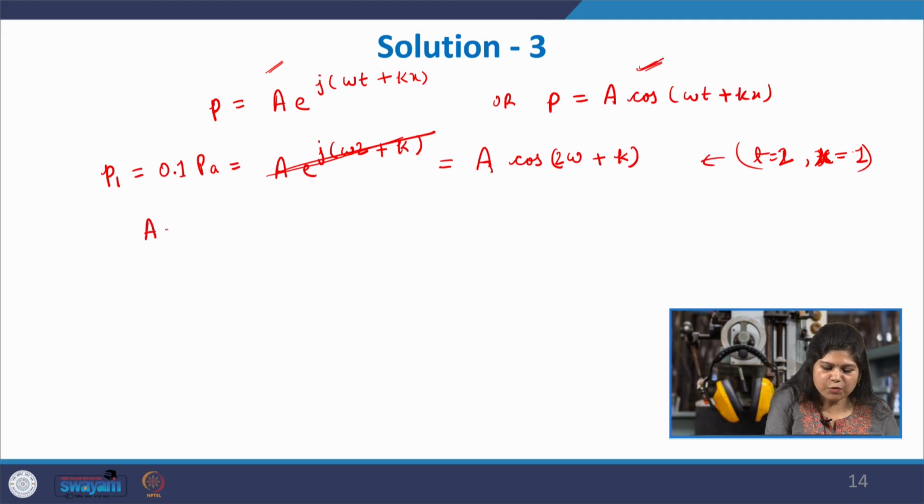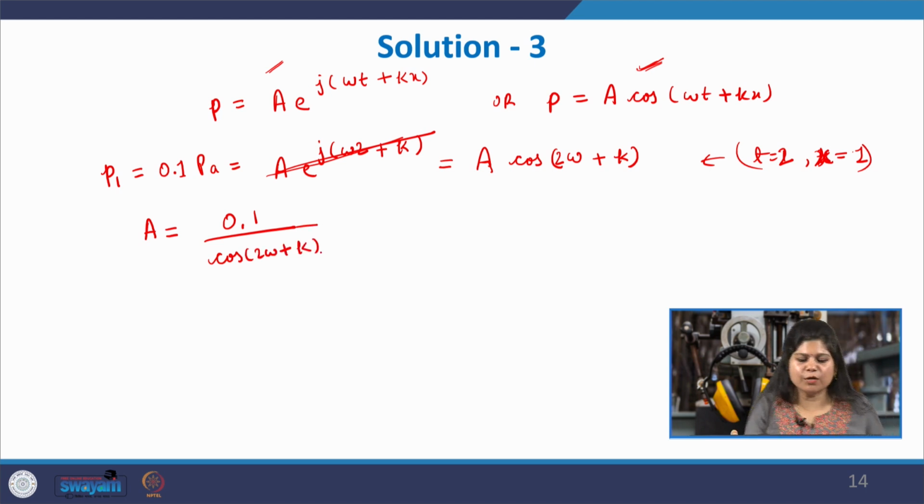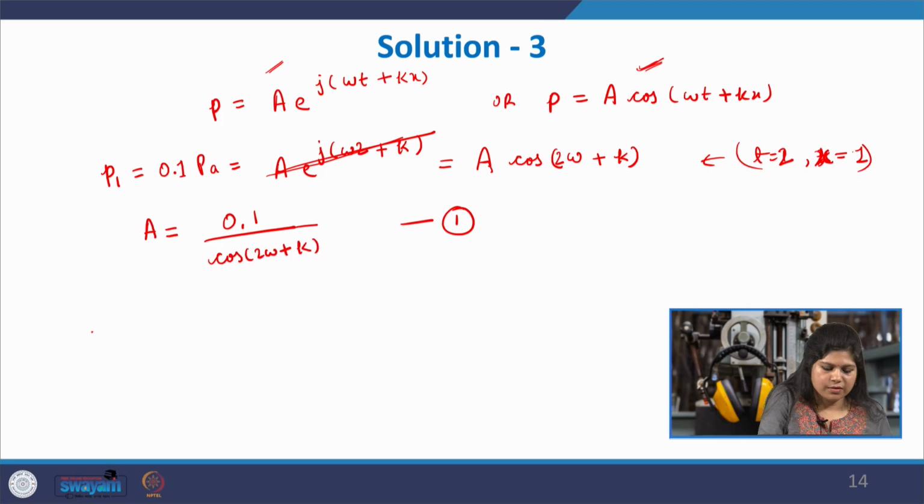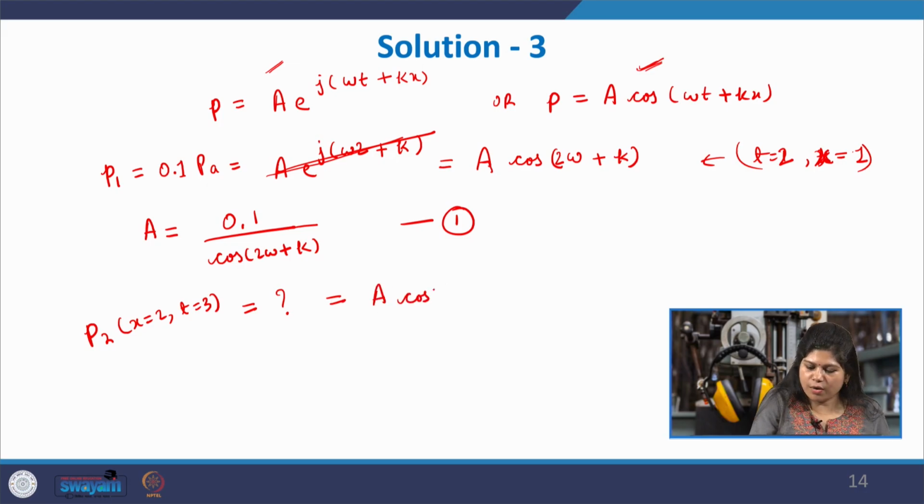With this, what would be the amplitude? The amplitude can be solved as A equals 0.1 by cos of 2 omega plus k. We will put the values later. This is our first equation. Now, we have to find P2, which is the acoustic pressure at time 3 seconds and a distance of 2 meters from the source. So, P2, at x equals 2 and t equals 3, should be A cos of 3 omega plus 2k.